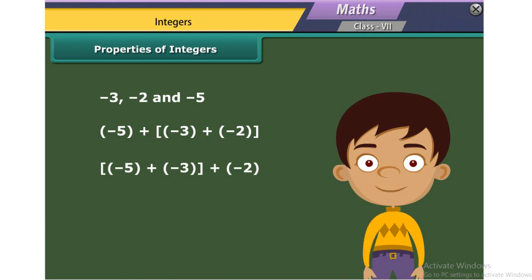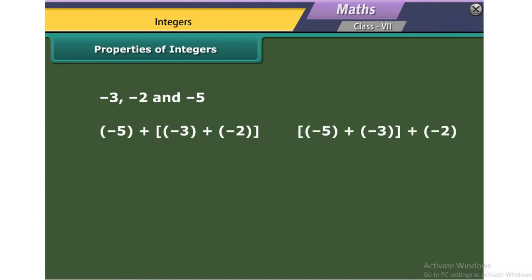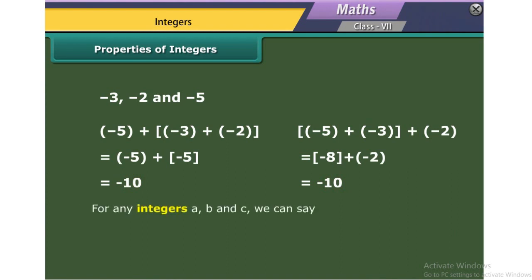In the first sum, minus 3 and minus 2 are grouped together, and in the second, minus 5 and minus 3 are grouped together. In both these cases, we get the answer as minus 10. This shows that addition is associative for integers. In general, for any integers a, b and c, we can say (a plus b) plus c is equal to a plus (b plus c).